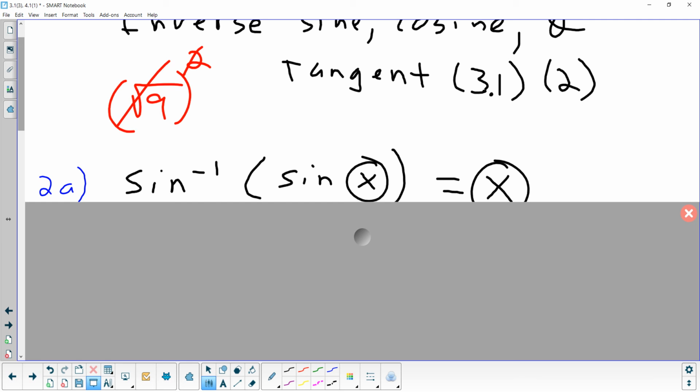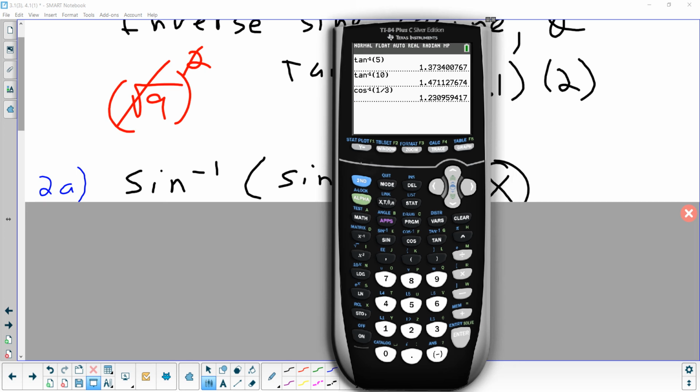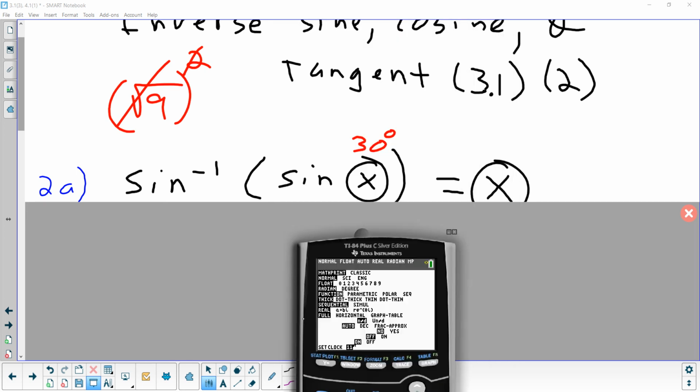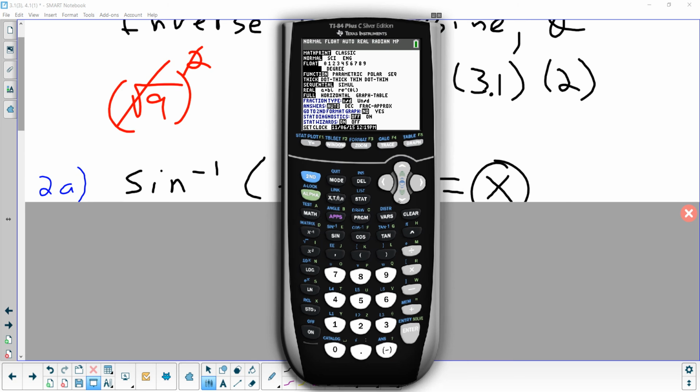Well, the same thing happens here. If you plug in a number for x like, let's say, 30. Let's take the sine of 30, and I wrote degrees right here, so I need to put in degrees. So let's take the sine of 30 degrees, and I get 0.5.